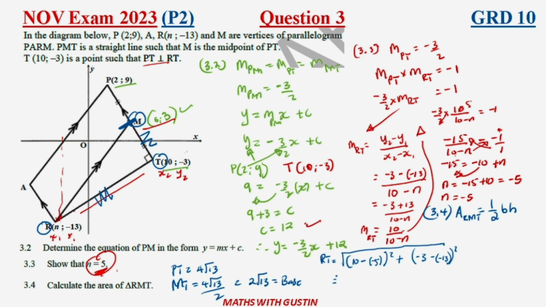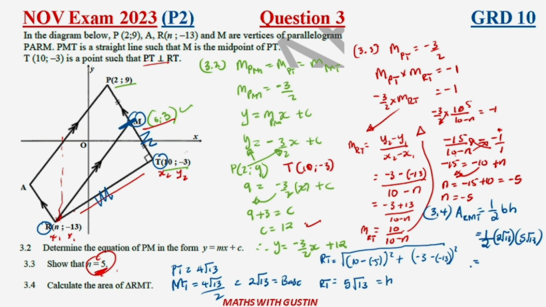So with that, this together will give us 5 square root of 13. This is the distance of RT. So therefore this will give us the height. Now we can come to our formula, half times the base, which is 2 square root of 13, and then 5 square root of 13.